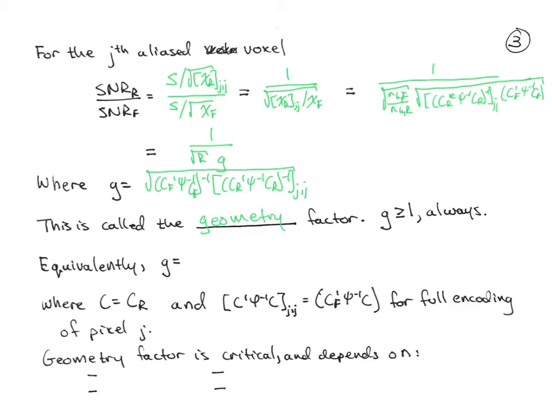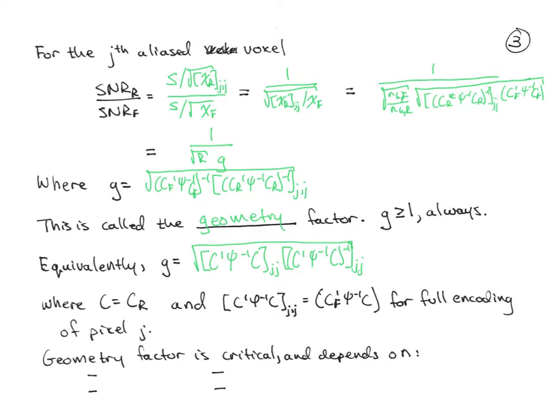Now we can equivalently write this for purposes of implementation. It simplifies things a bit if we write it as C transpose psi inverse C at jj, times C transpose psi inverse C inverse at jj.